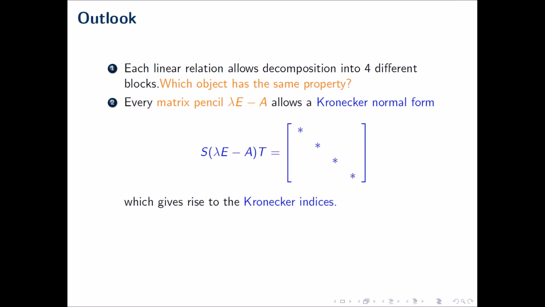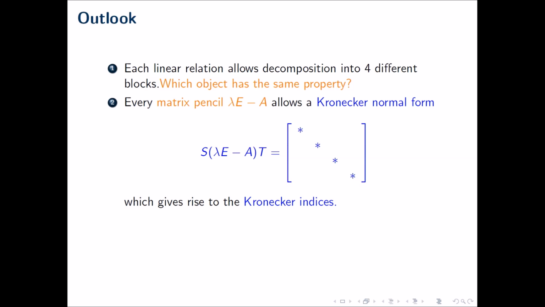I don't write it down because this takes some time. It also has 4 entries, and the statement is: there exist 2 invertible matrices, S and T, and if you multiply them with a pencil, you get a normal form with 4 different kinds of blocks.